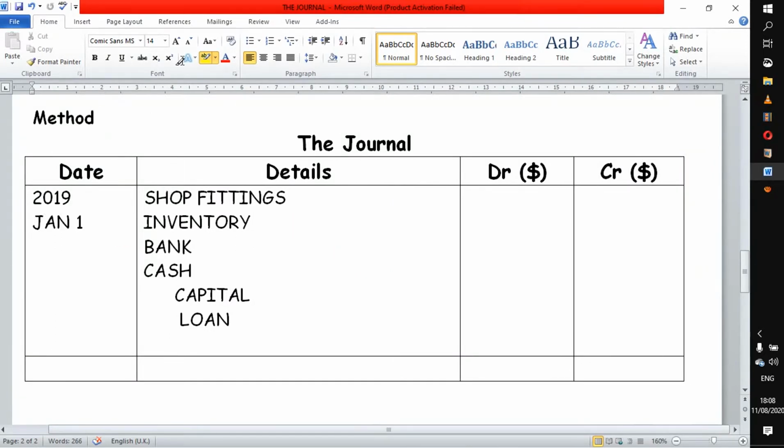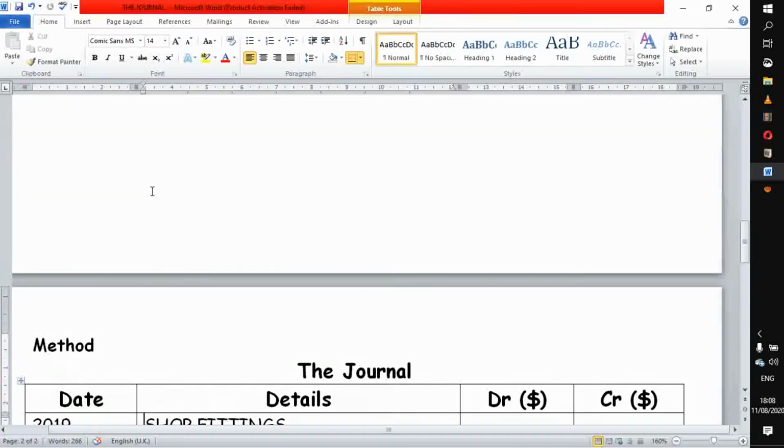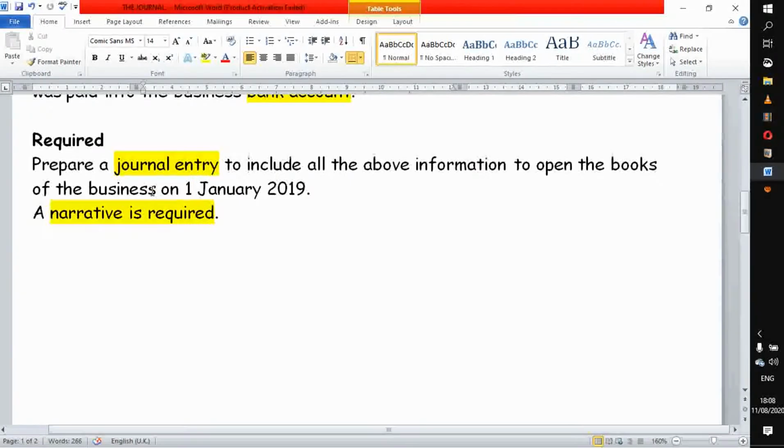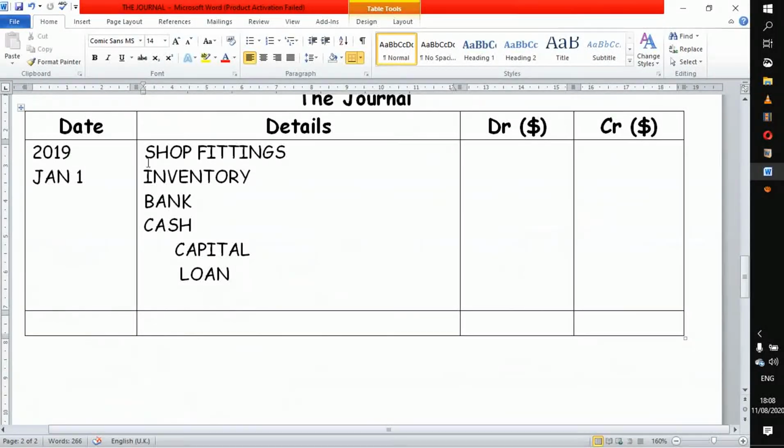I've listed the assets that Rodent brought in when he started the business. These were the assets that were brought in when the business started.